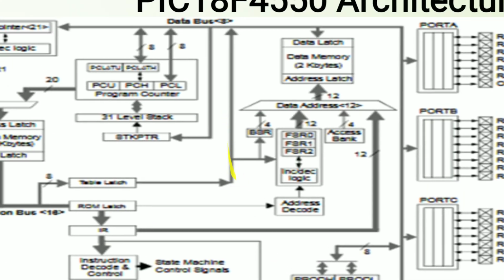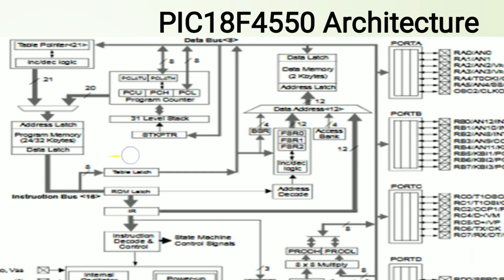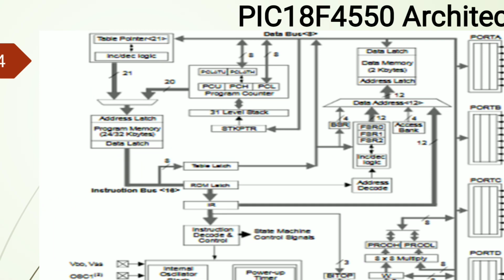And if we see at the top left side, the table pointer is there having a bit capacity of 21 bits, and the program counter having a bit capacity of 21 bits. The size of program memory available with the PIC18F4550 is 32 kilobytes.